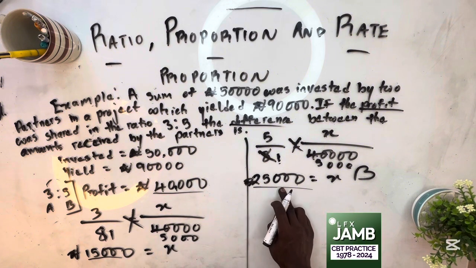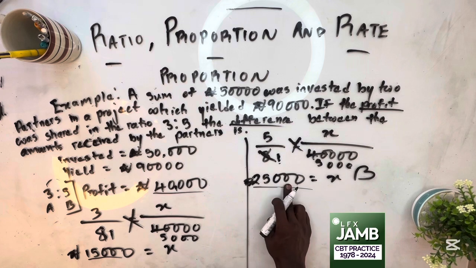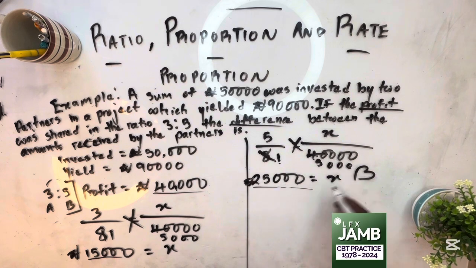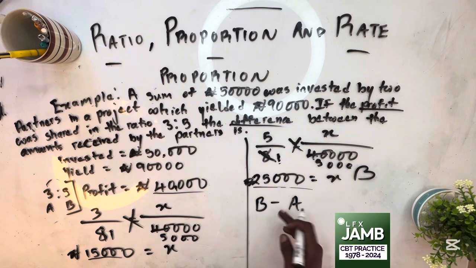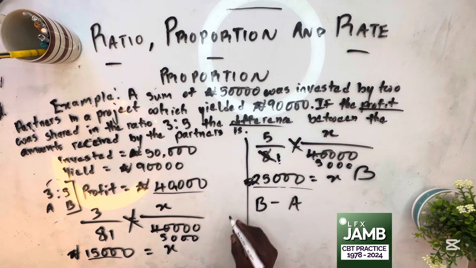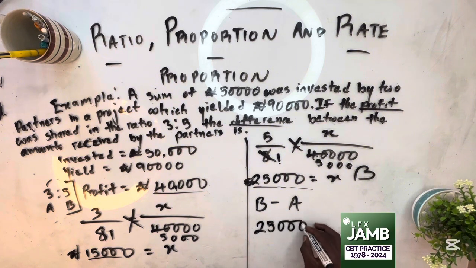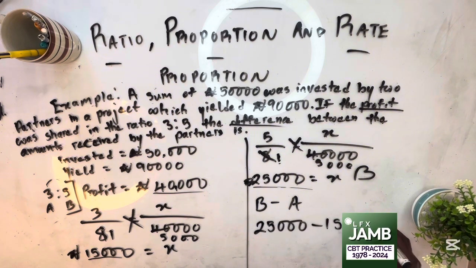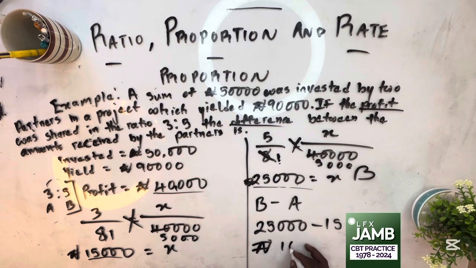That is the difference between the amounts received. So we subtract, 25,000, which is the biggest, B, minus A. It doesn't really matter which is the biggest, as long as we don't have a negative answer. 25,000 minus 15,000, so the answer is what? 10,000.